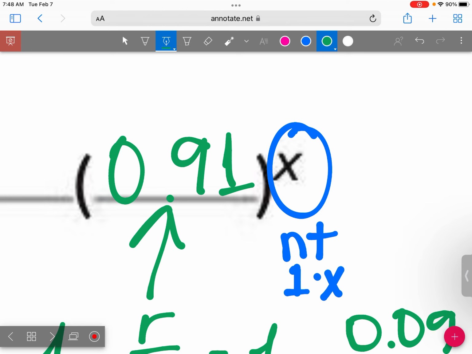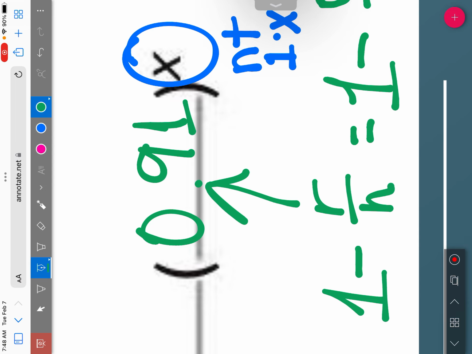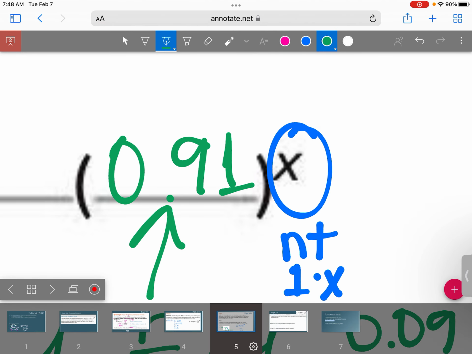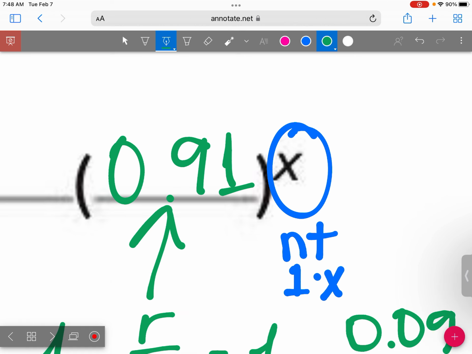And then part B asks us, after how many years will a new 2017 pickup truck be worth only $20,000? So I don't think I put this on the slides, but I want us to logically think about this. If it wants to know when it will be equal to $20,000, where would we plug that into this equation, and what would we be solving for?